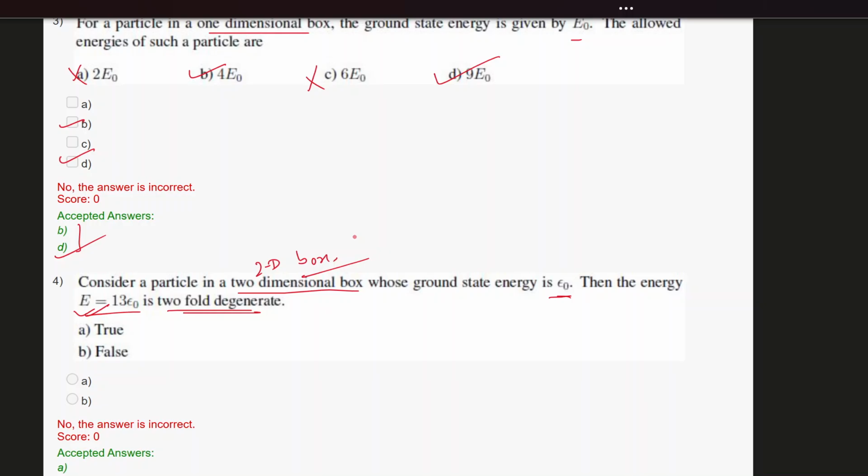When it is said that it is twofold degenerate, that means there exist two such states, psi1 and psi2, both of which have the same eigenvalue E. If there are three states that have the same eigenvalue, then the energy will be called threefold degenerate. Here they are saying that E is twofold degenerate, meaning there are two states possible which can acquire the same energy independently.